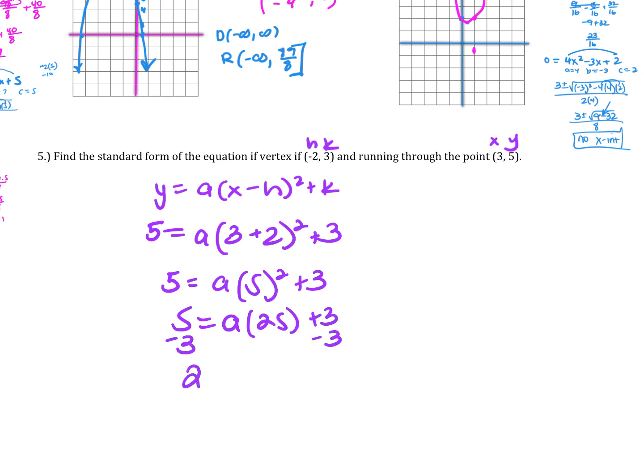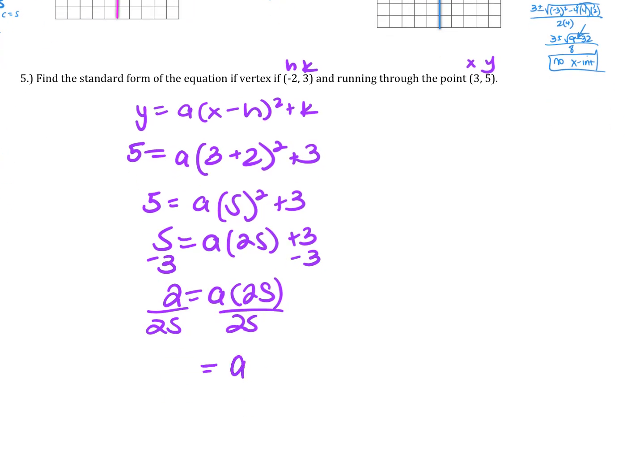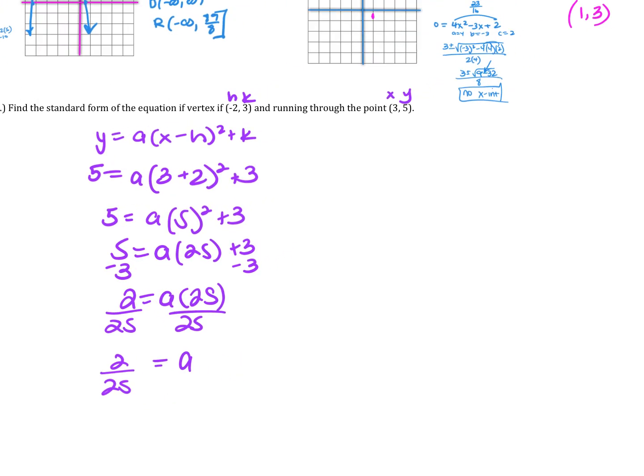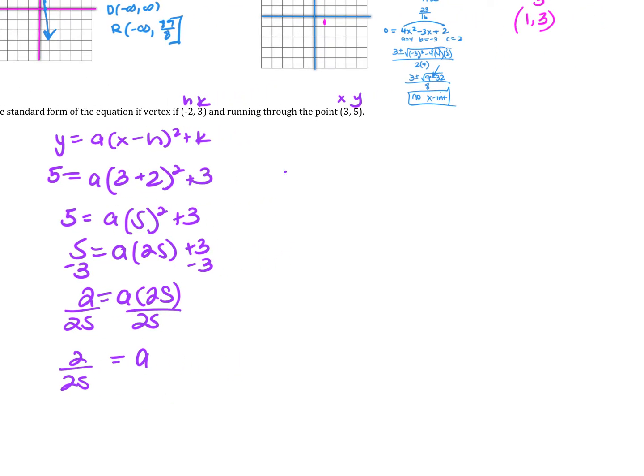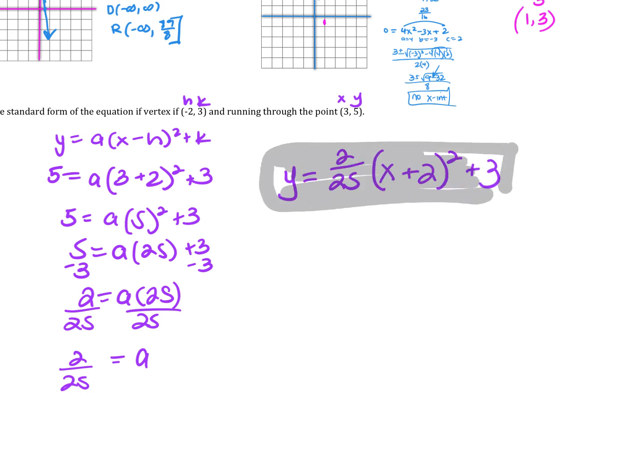Subtract the 3, and then divide by 25. And a is 2/25. And then the a, the h, and the k go back in. So y equals 2 over 25 times x minus a negative 2, which becomes plus 2, squared plus 3. And there's the last one.